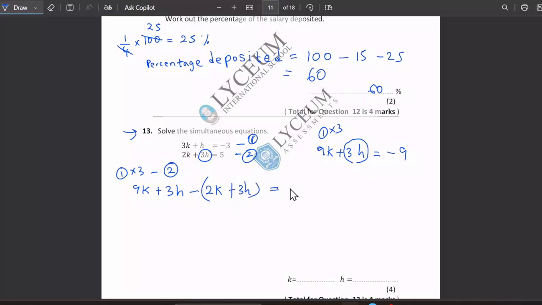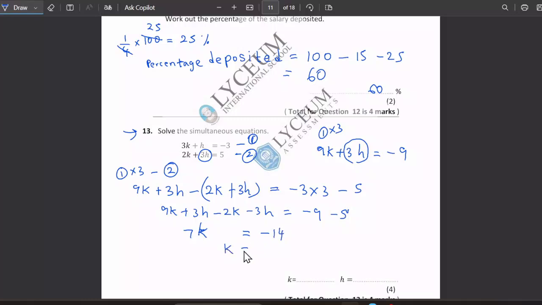And minus 9 minus 5. Now we can simplify 9k plus 3h minus 2k minus 3h, and minus 9 minus 5. We get 7k equals minus 14.